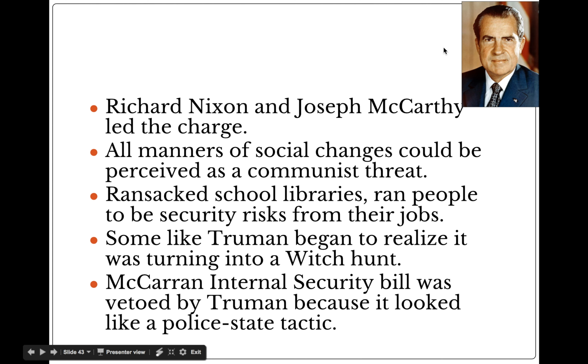Richard Nixon, pictured here, and Joseph McCarthy led the anti-Red charge. All manners of social changes could be perceived as a communist threat. And this was tied into that whole witch hunt where somebody could just say you were a communist and then all of a sudden you're being hunted because someone said you had communist ties, or your actions were perceived as being communist.